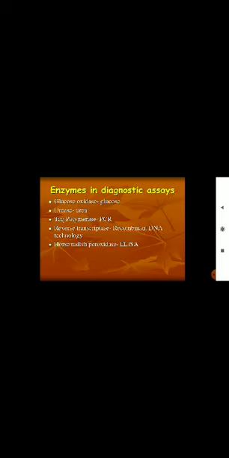Streptodornase, that is DNase, applied locally. Pancreatin for pancreatic insufficiency, papain used as an anti-inflammatory. Alpha-1 antitrypsin is used in emphysema.